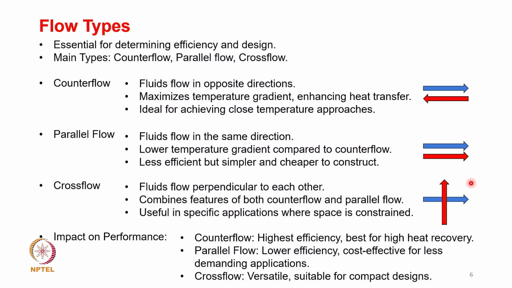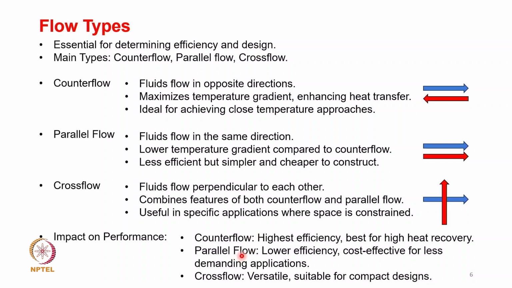So now let's summarize and keep a watch on how each of them performs relative to the others. Let's start with counter flow. Counter flow has the highest efficiency and is of course best for heat recovery, but it is difficult to effect.